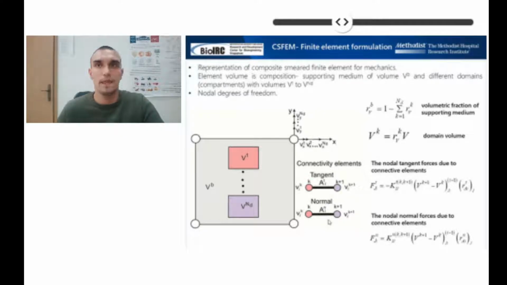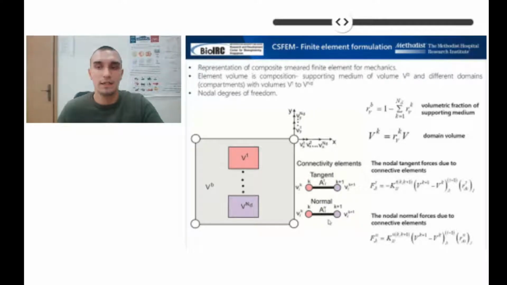Connectivity elements couple velocities at the boundaries of the different domains, and the volumes of domains are specified by volumetric fraction, as in the case of field problems, so that the volume fraction of the supporting medium is RV and every other domain is 1 minus RV.